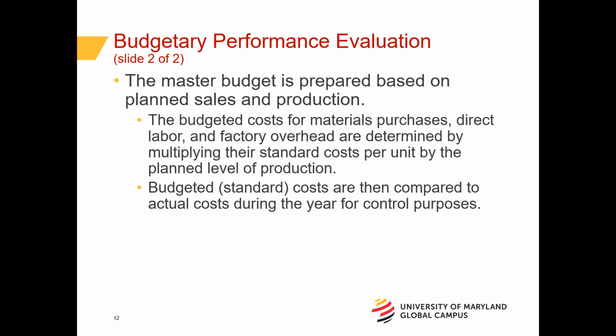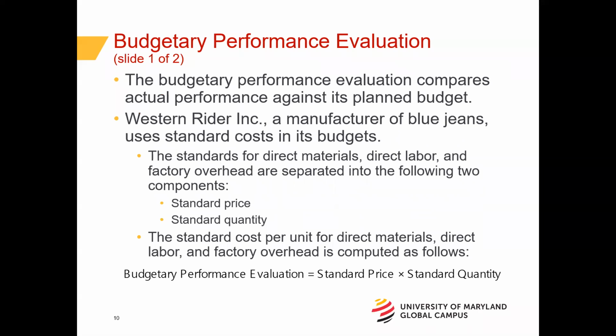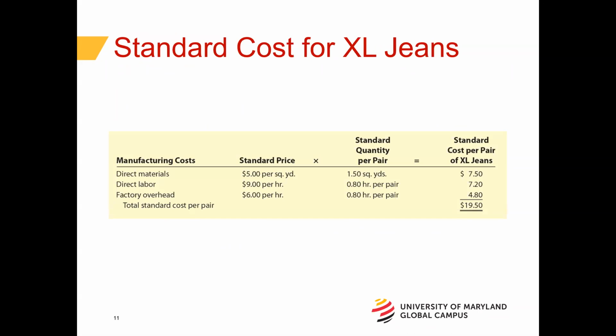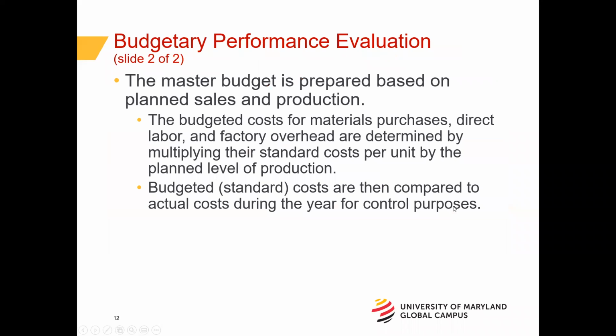So, as we saw earlier, to find the budget performance evaluation, we take standard price times standard quantity. Here we take the standard price times standard quantity for direct materials, direct labor, and factory overhead, and add those together to get the standard cost per pair. In this case, $19.50.